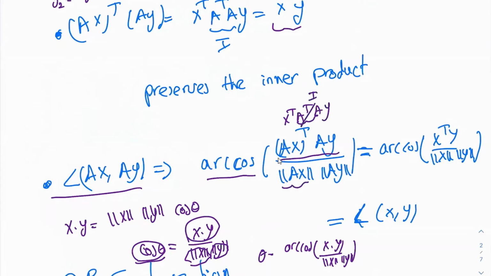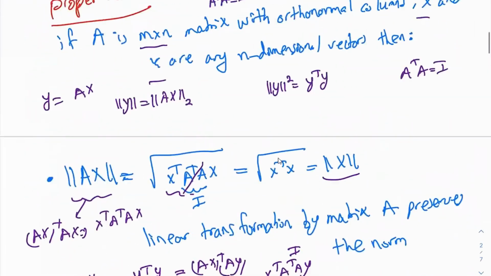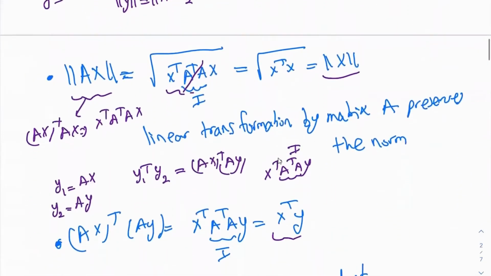And here norm of Ax, remember what was norm of Ax? It's just norm of x. And what is norm of Ay? It's just norm of y. So the angle between Ax and Ay is nothing but the angle between x and y. So under orthonormal transformation, the angle between two vectors also remains the same. So remember the inner product, the norm, and the angle between vectors remain the same. Okay, so this is for the properties of matrices with orthonormal columns.